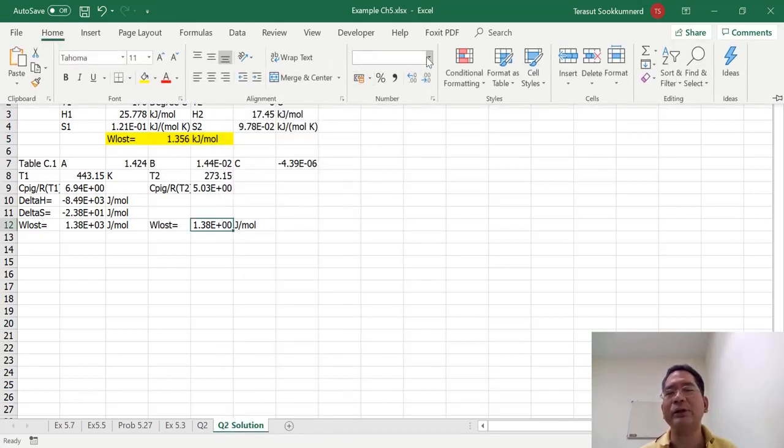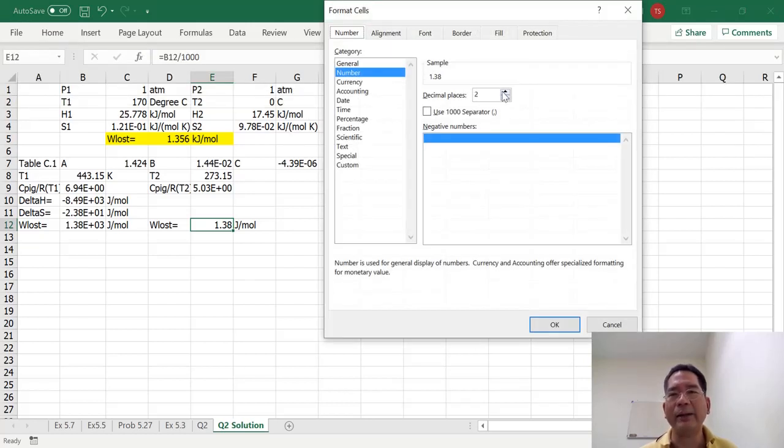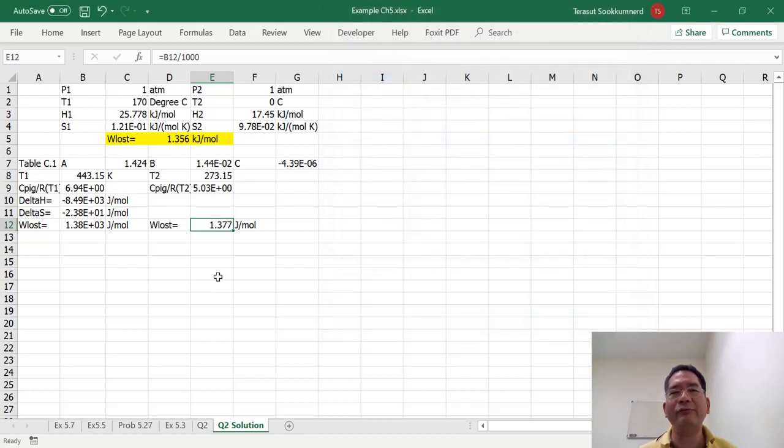Those two methods are okay for this class, but I would like to emphasize again that the one that uses the NIST fluid property database is more accurate. Therefore, I would like to end the solution of the quiz now.